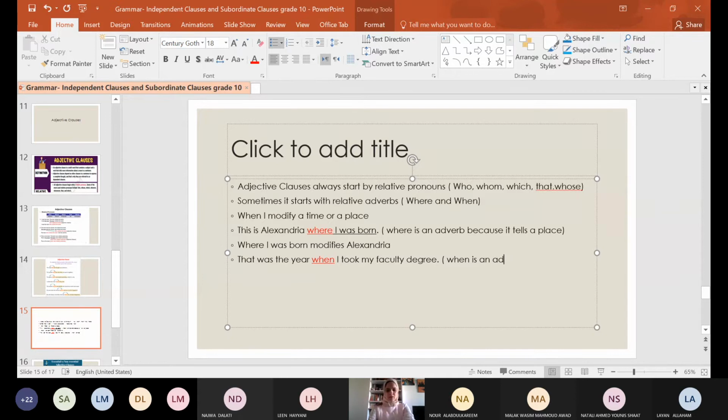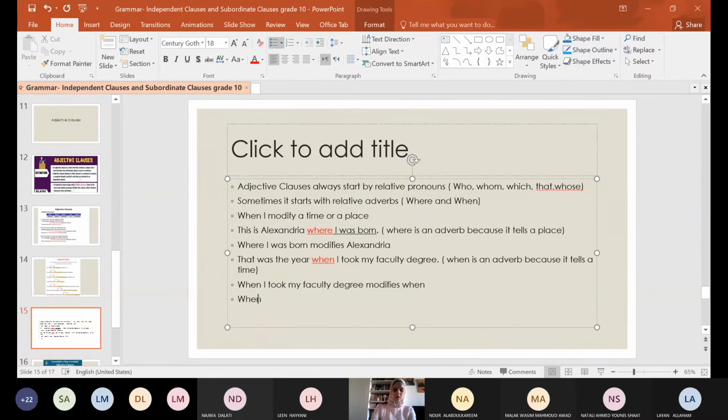Why? What modifies what, girls? Year. Because it tells a time, or modifies a time. When I took my faculty degree modifies year. Which year? When I took my faculty degree.